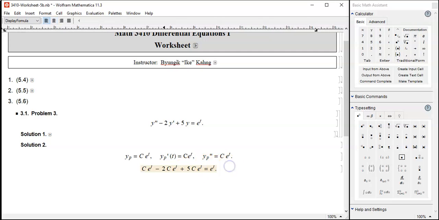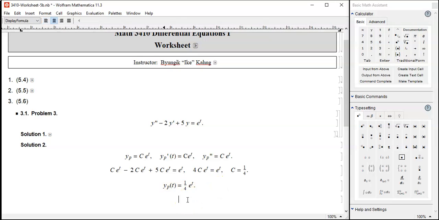All these can be simplified into this equation. 1 minus 2 plus 5, so this is 4c e to the t power is equal to e to the t power. So what do you get? C is 1/4. What does that tell us? It tells us y p, the particular solution, is 1/4 e to the t power.